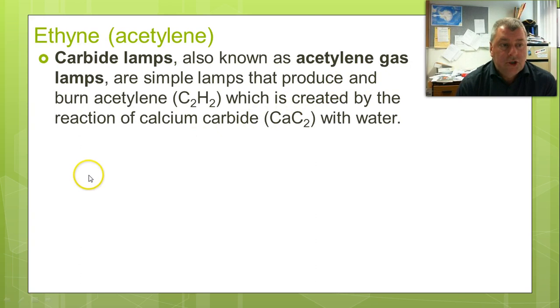So let's look at a couple of examples which are interesting and just highlight their uses. One is acetylene. In the old days they used to use what were called carbide lamps or acetylene gas lamps, which burnt acetylene, and they were used in mines and various other operations. It was a simple reaction between calcium carbide, CaC2, and water.